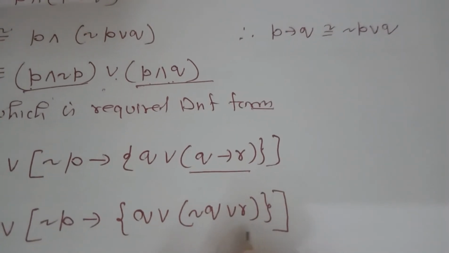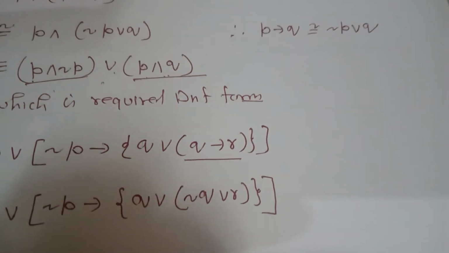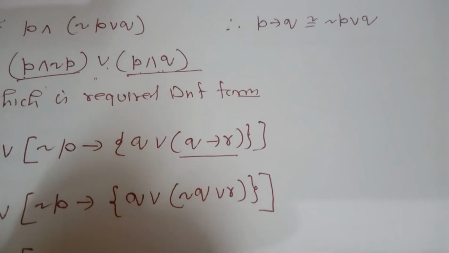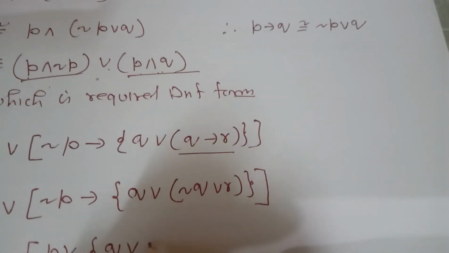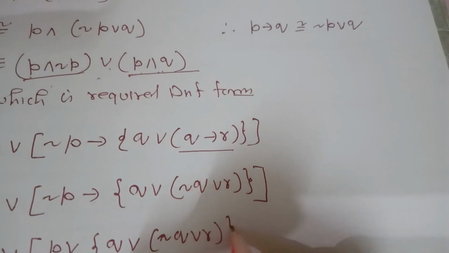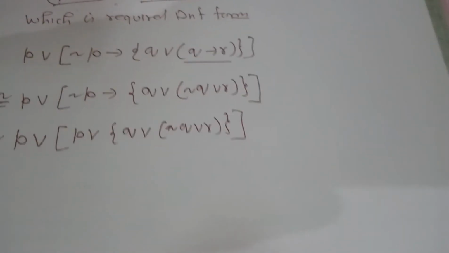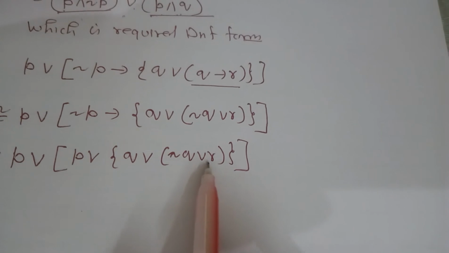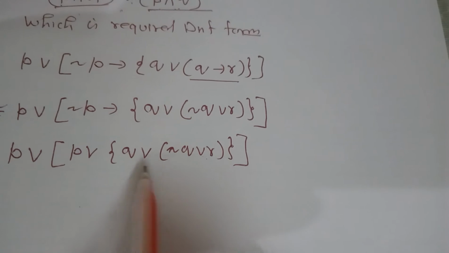In the next step, we will simplify the negation of this one. The negation of negation of P will be P, so this will be P and negation of Q, or negation of Q, or R. After applying this implication, now we can see that the propositions are connected by the same connective, that is disjunction.